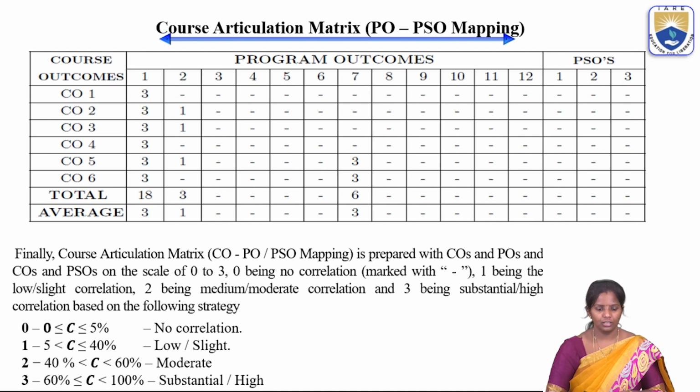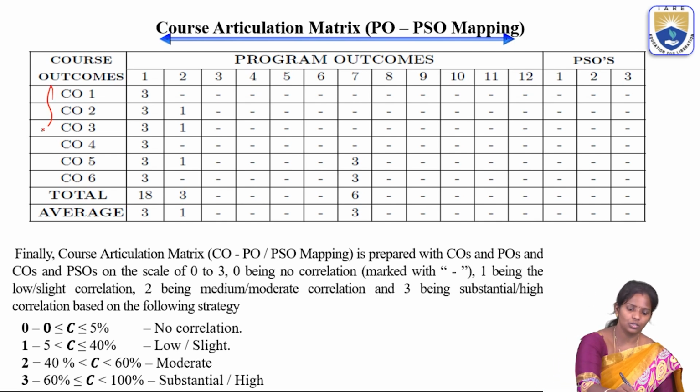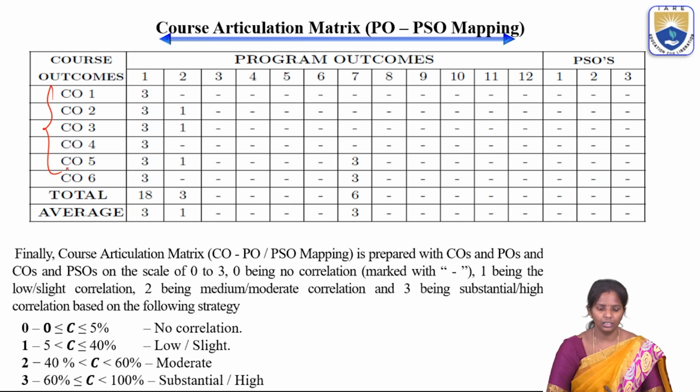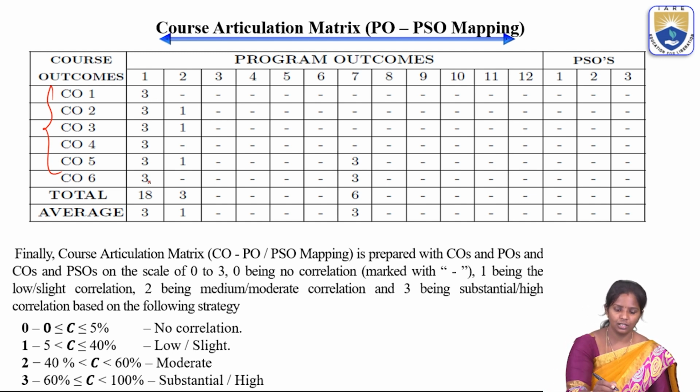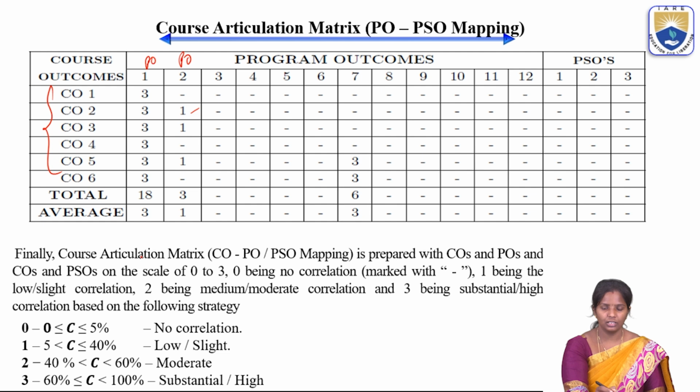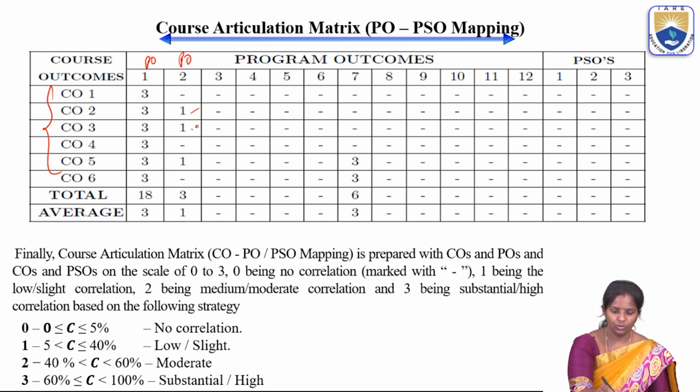The similar one is done for the whole course, all the 6 course outcomes. In this it is 3, and for PO1, it is only 1 that is matching for CO2, and for CO3 it is 1, and CO5 1, and CO6 we have nothing. And CO7 is matching only with 5 and 6. Why?